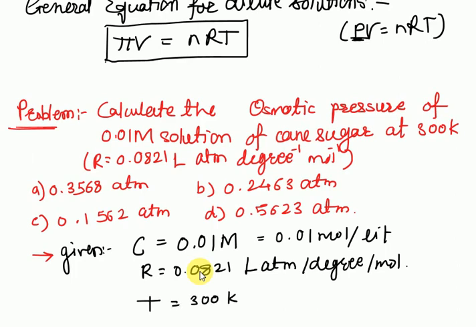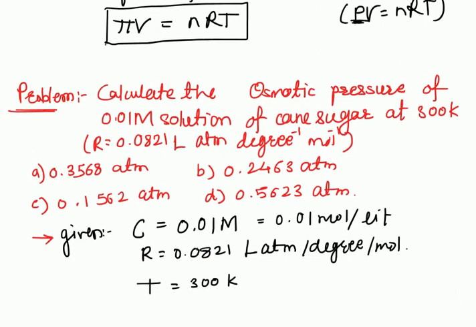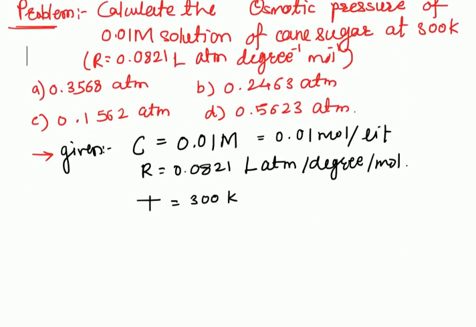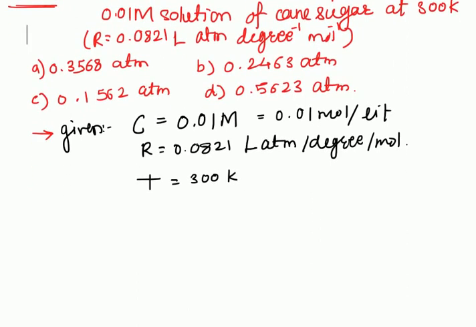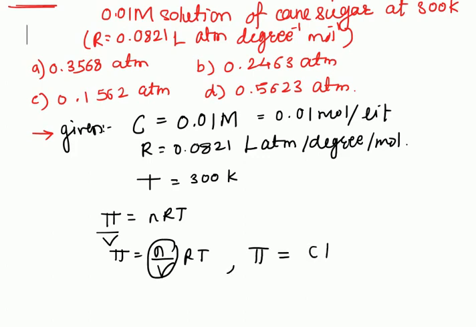So we have the formula pi V is equal to nRT. So pi is equal to n upon V into RT, and n upon V is equal to C. So pi is equal to CRT.